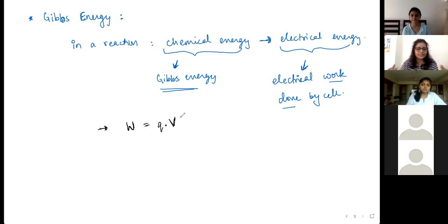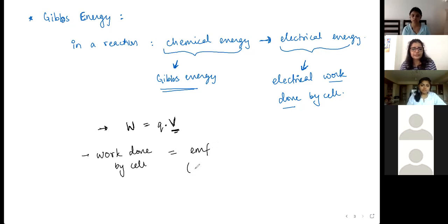So applying it to this situation for a cell, the work done by the cell is equal to the potential difference, the EMF of the cell, into Q, how much charge is passed.